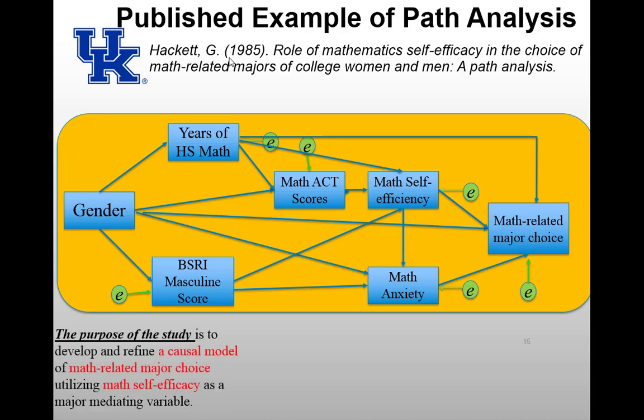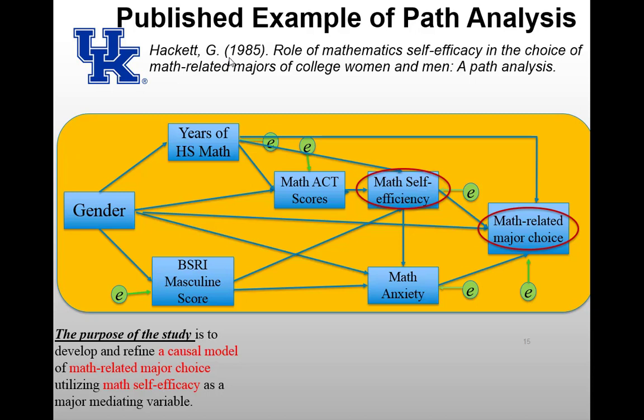So the purpose of their study, they want to know the causal model of the math-related major choice, which is their DV, utilizing math self-efficacy as a major mediating variable. Why major?